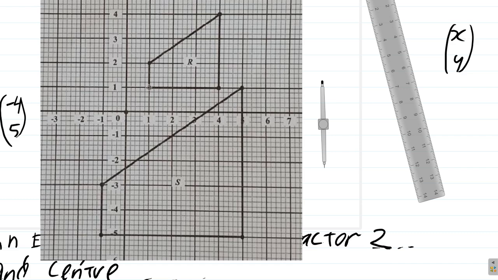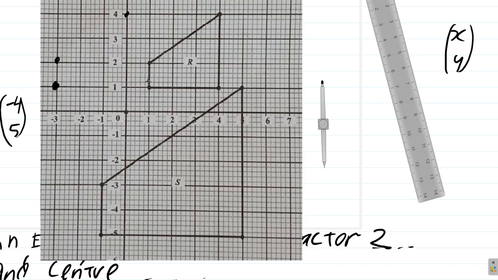Now the negative 4 means that each point must be moved 1, 2, 3, 4 to the left. So this will end up here. This point is here. This point will end up here.